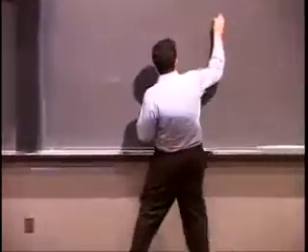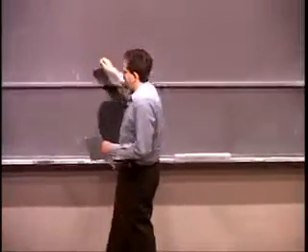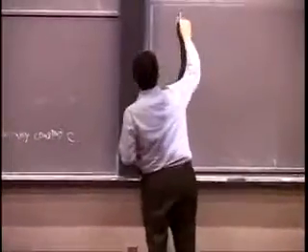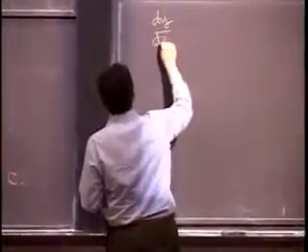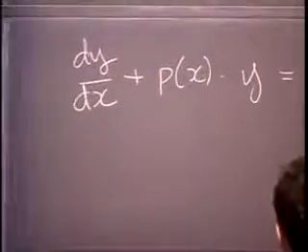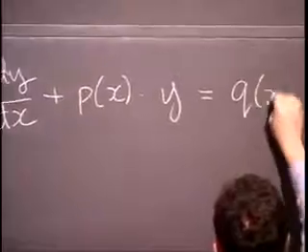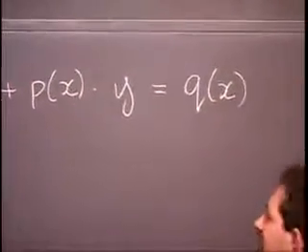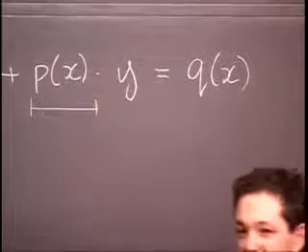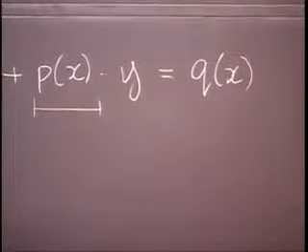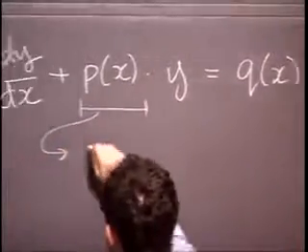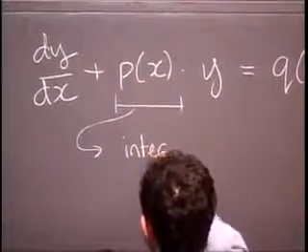So, here is the general idea. If you have an equation that you can rearrange into this general form, dy dx plus p of x times y equals q of x, what you do is you grab this little object here, p of x, so that's the x stuff sitting outside of the y, and you form what's called an integrating factor.